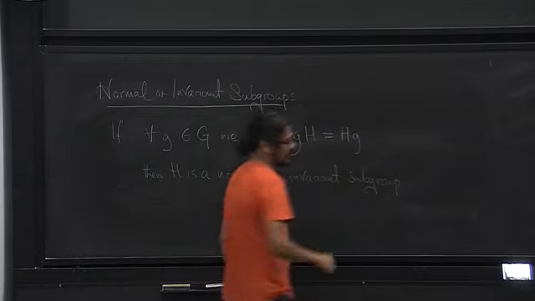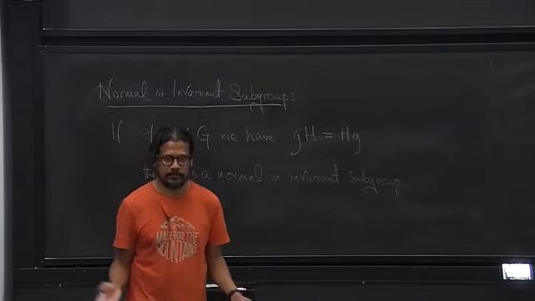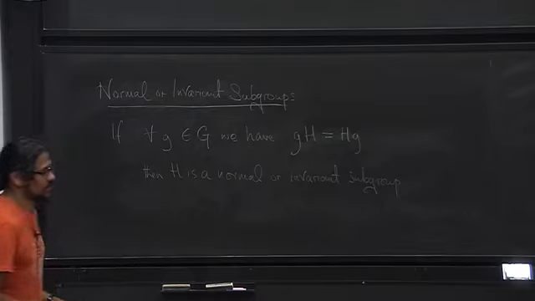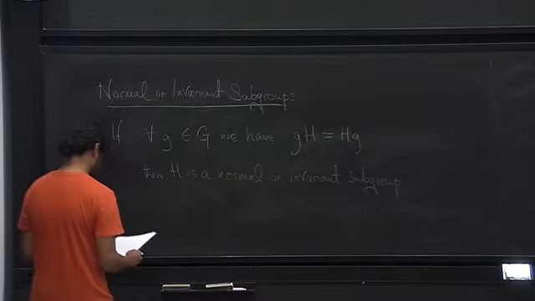So if G, for example, is an abelian group, any subgroup is automatically normal or invariant.